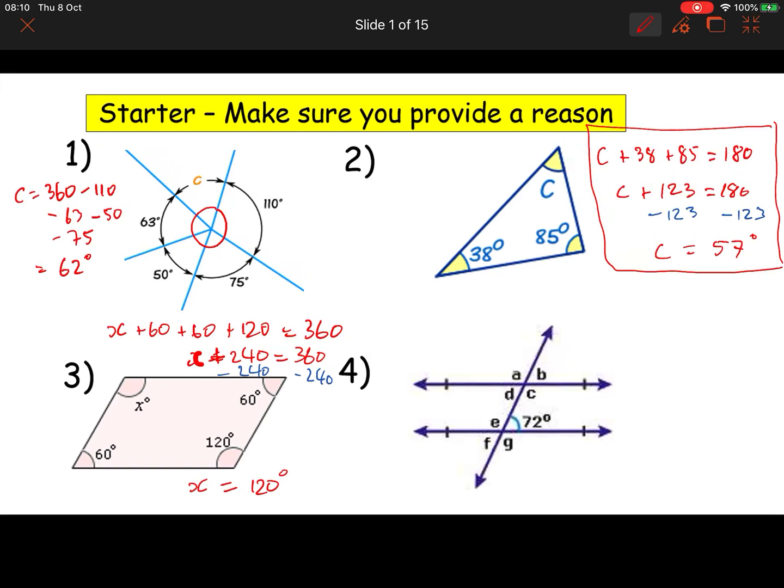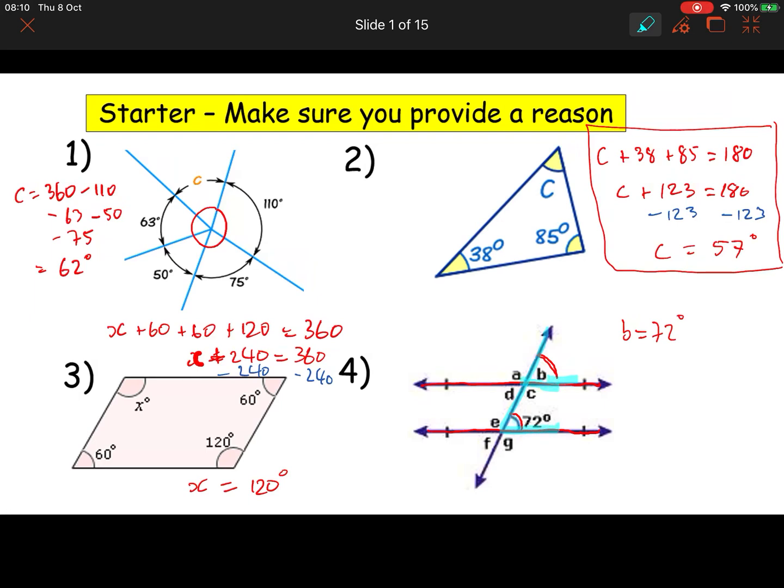Nice and easy. Number 4 is all about those parallel lines again. We can see that this line is parallel to this line. So straight away, I can see that B is equal to 72 degrees because they are corresponding angles. We've got this kind of F shape.